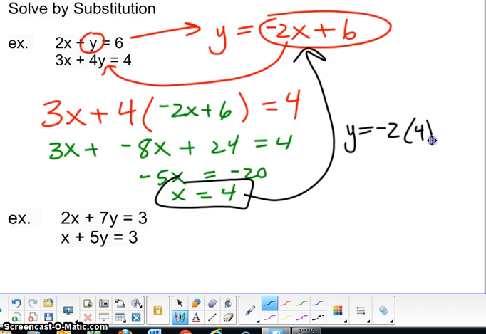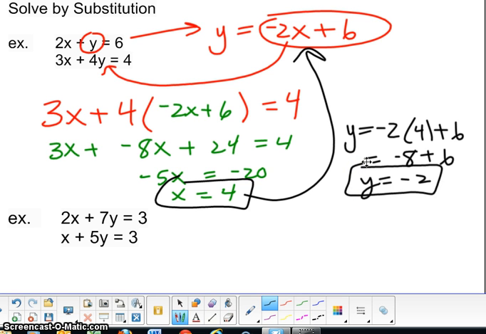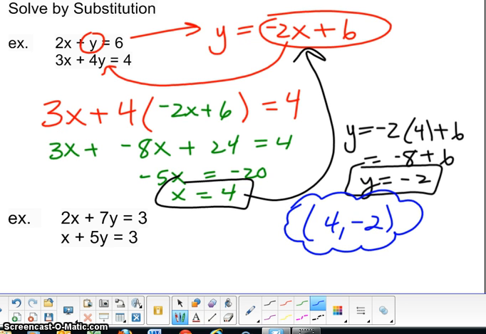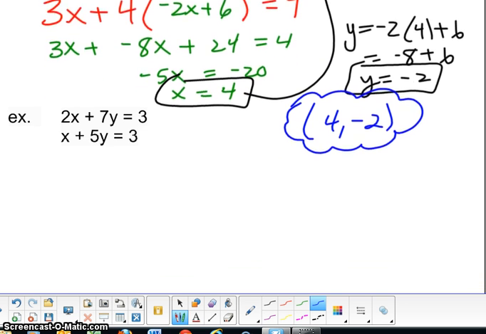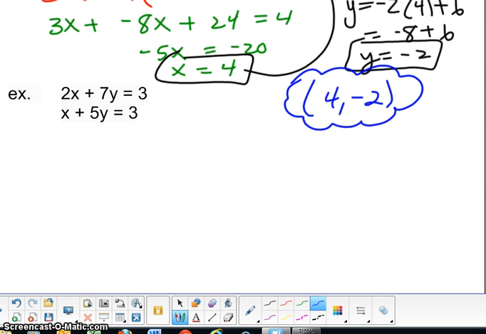It makes it go a little faster, for a final answer of -2. So we can't stop there either, because a solution is an ordered pair. So the final answer would be 4, because that's your x value, and -2 because that's your y value. And there it is.